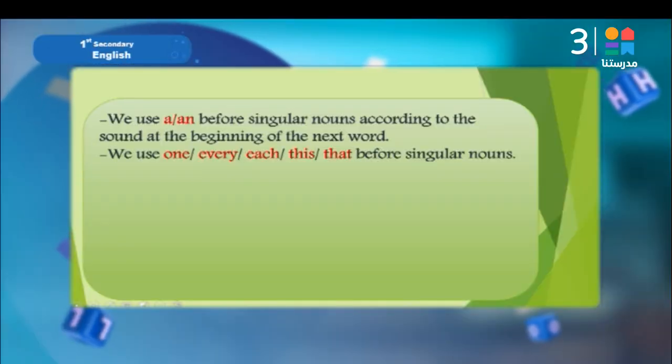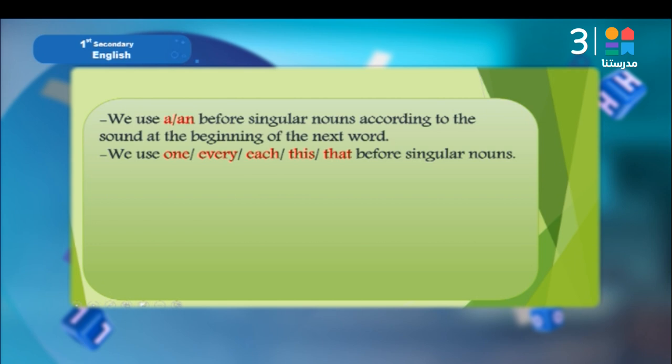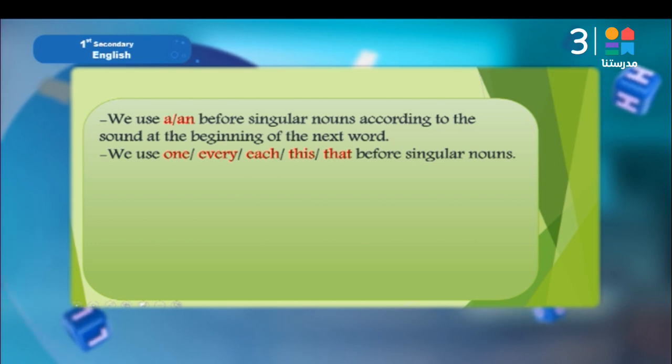Let's look at the screen and see what the rules of the singular nouns and the plural nouns are. Let's start with the singular nouns. Let's have a close look at the screen. First of all, we use a or an. These are articles. Nobody should forget articles.